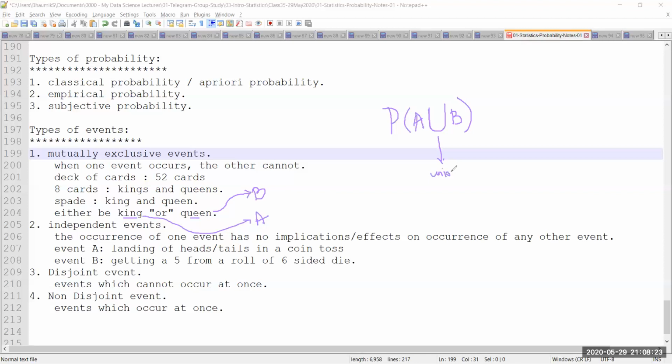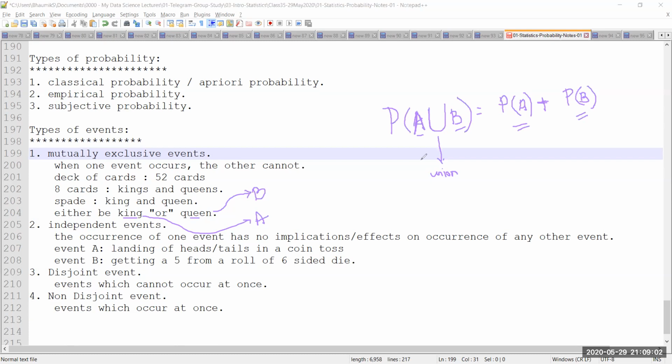This union symbol represents the addition rule, which is applied on top of two mutually exclusive events. It says it is simply the probability of event A, summed up with a plus sign, the probability of event B. So if I take the sum of the probability of event A and the probability of event B, I get the probability of these two mutually exclusive events, otherwise known as the addition rule.